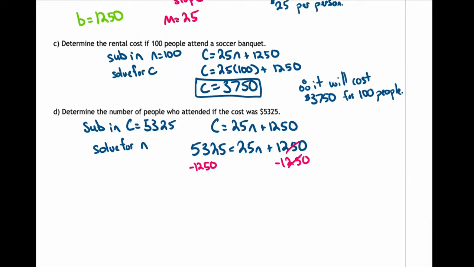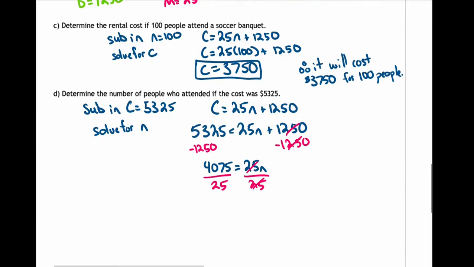So when I do that, 5,325 minus 1250, I get 4,075 equals 25n. By taking away the rental fee, the leftover cost is basically the cost of the number of people who attended. So to figure out how many people, I'm going to divide that amount by 25. I'm trying to get n by itself, and to get rid of that multiplying, I'm going to divide.